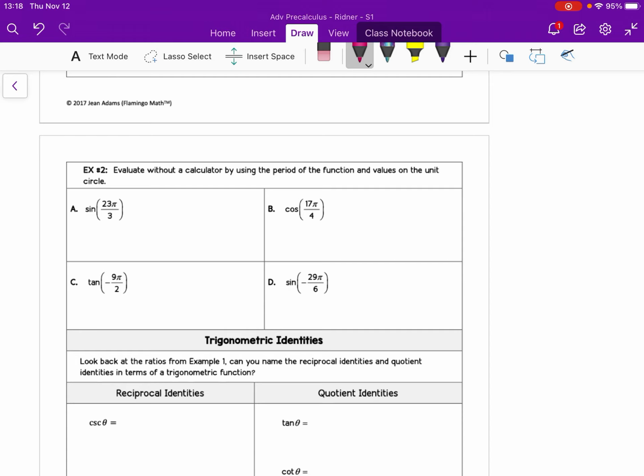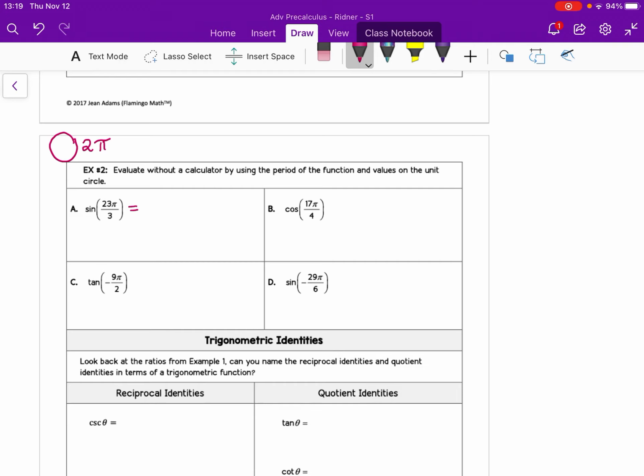All right, so we want to evaluate without a calculator by using the period of a function and the values on the unit circle. So we want to think about where we are on the unit circle. Remember a full circle is 2 pi. So how many times around could I go and how much would I have left over to find something equivalent here?